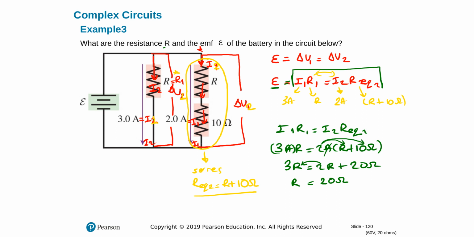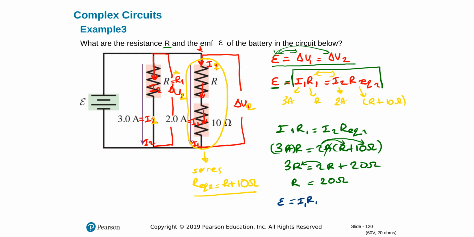One thing is answered. Once I got my R, I can use any arm to solve for epsilon because I know this equation holds. I can use epsilon with this to solve for it. I can use it with that if I have an equation of this sort. Either one I can use. I'm going to go for the simple one. Now I know R, and I know epsilon is equal to I1 R1, right?